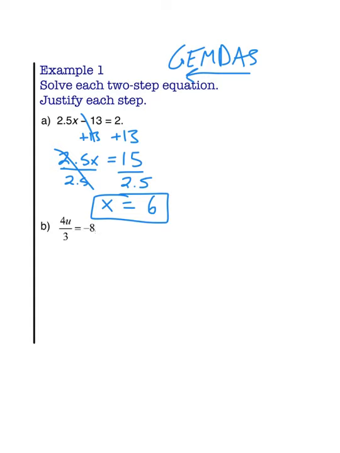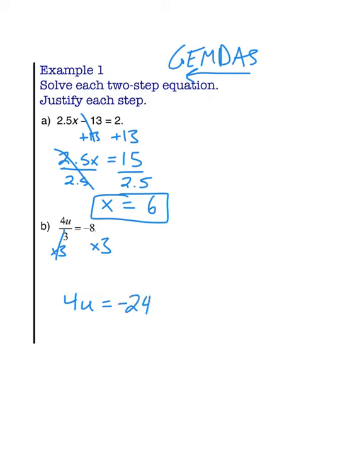All right, part B, I have 4u divided by 3 equals negative 8. All right, the first thing I'm going to undo is that divided by 3. To undo divided by 3, I need to multiply by 3 because division and multiplication are inverse operations. 3's are going to cancel out, so I'm left with 4u equals negative 8 times 3, which is negative 24.